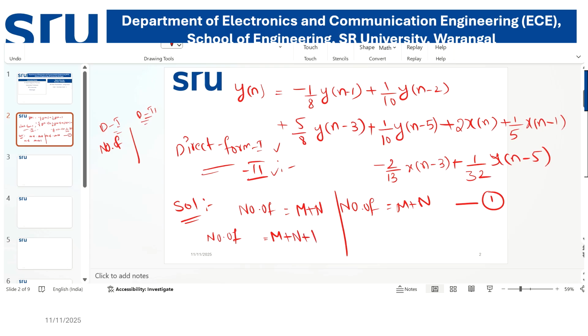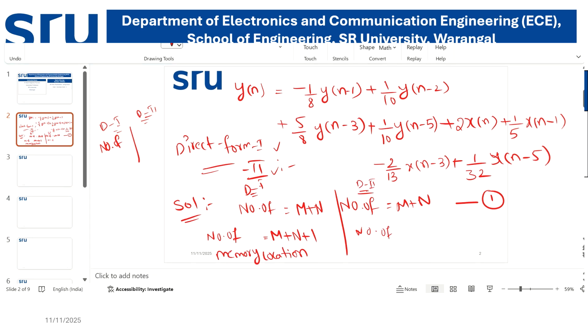Those are the required number of delay elements on the input side as well as the output side. Whereas the number of memory locations in direct form 2 is given by the formula maximum of m comma n.